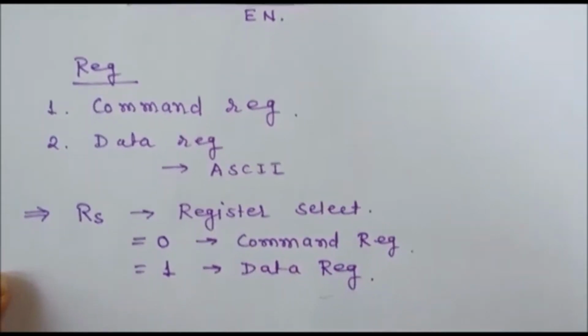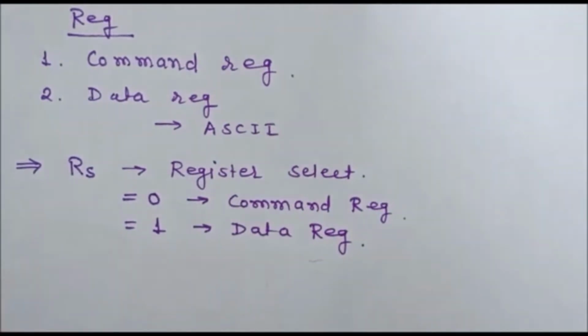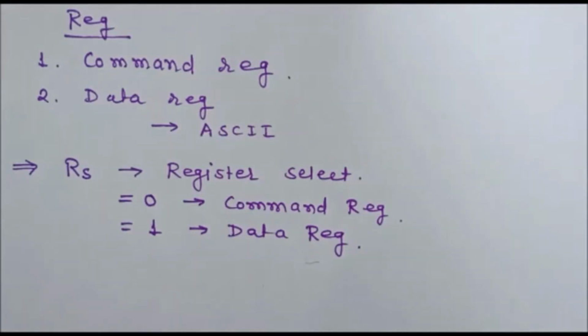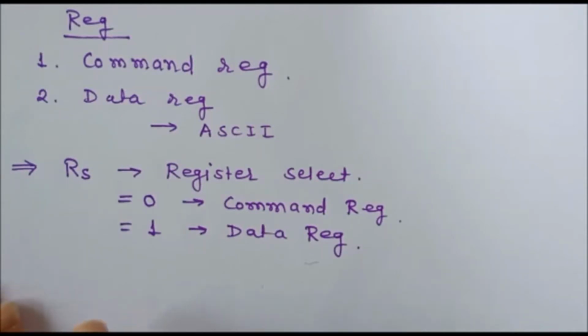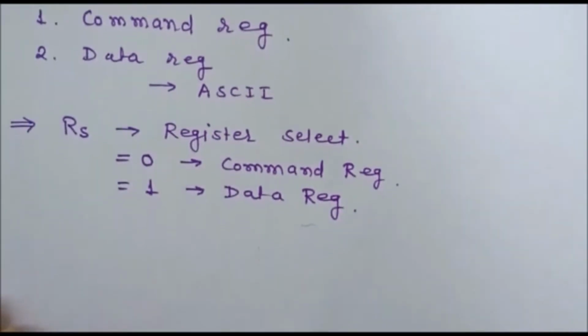So whenever we want to write command or data, first we have to select that register. For example, when we want to write a command in command register, the RS terminal must be at logic 0. And when we want to write data, that means the ASCII value of the character which we want to display on LCD, then we have to select data register by giving logic 1 signal to RS terminal of LCD.